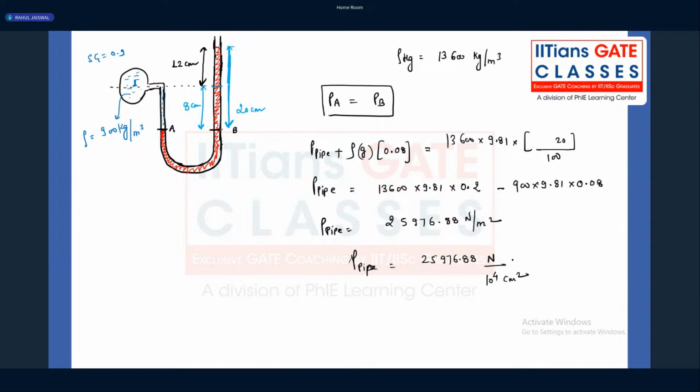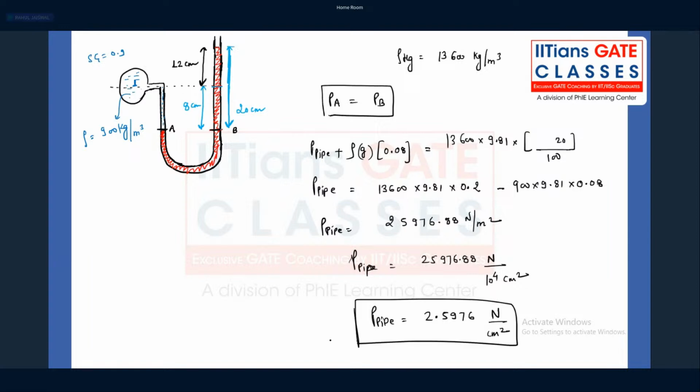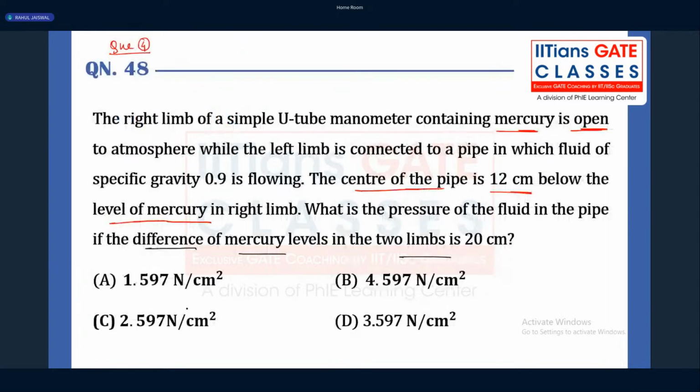So 25976.88 divided by 10 to the power 4. You are going to get 2.5976. That should be the pressure in the pipe in Newton per centimeter square. So by looking at the options, which option is correct? C will be correct for this question number 48. Right?